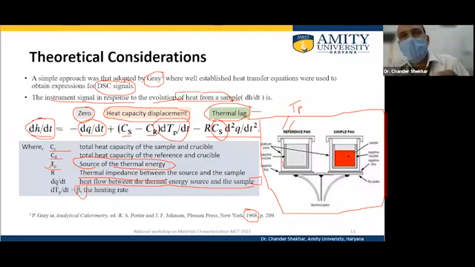So how efficiently the thermal energy from this furnace is transferred to the sample is given by this R, dq by dt is the thermal energy flow rate between the source and sample, and beta is the heating rate. So using all these factors, using Gray's equation, the underlying mechanism that determines the DSC signal can be approximated.